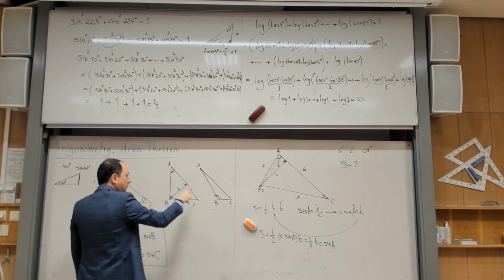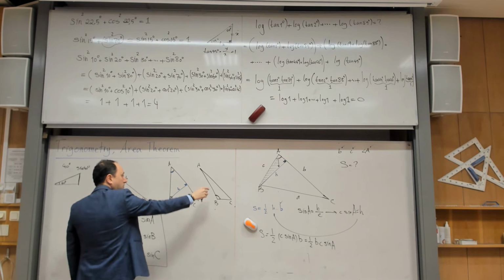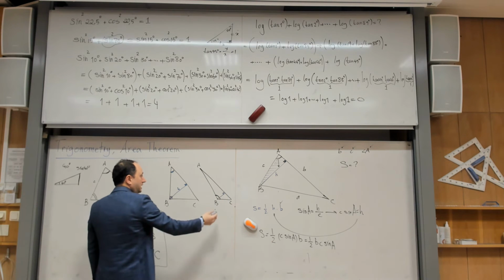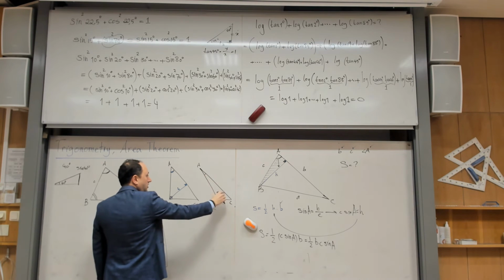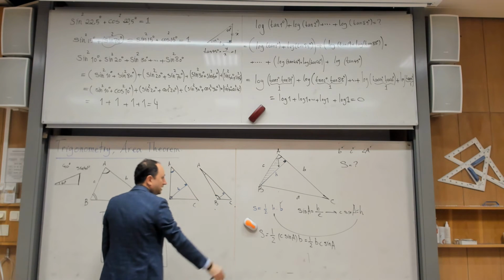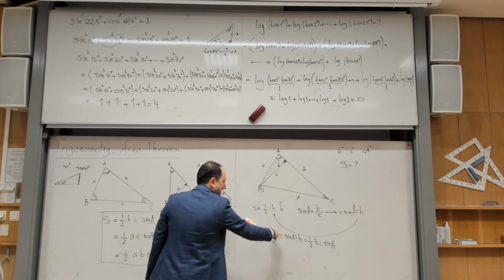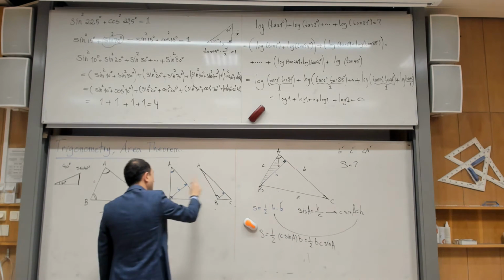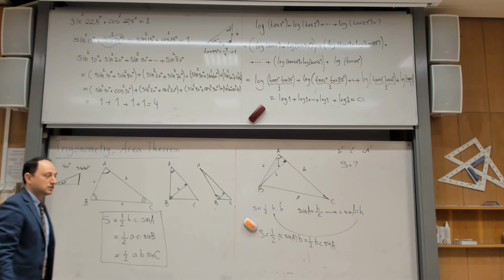You can do the same thing for this picture and for this picture. It doesn't matter, because again, sine of A is the opposite side divided by the hypotenuse. So I can write exactly the same thing without even slightly changing it. This means that it is always valid.